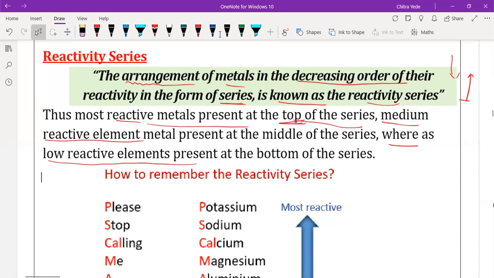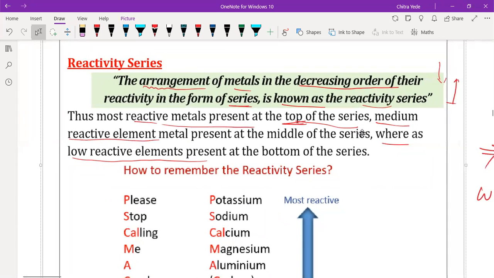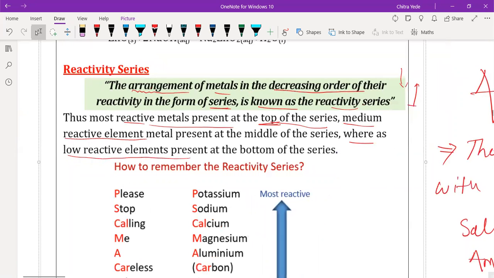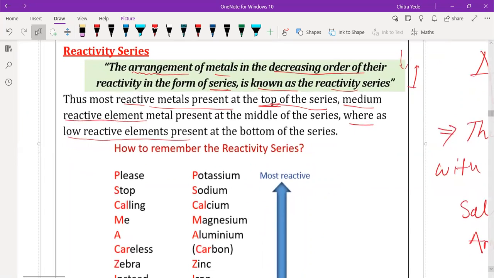Okay, sir, one minute. Sir, can you please zoom out? Should we also write that the most reactive metals are present at the top of the series? No, we have to discuss this first, then after that. You have told us to take the screenshot, but that means after class we have to write.